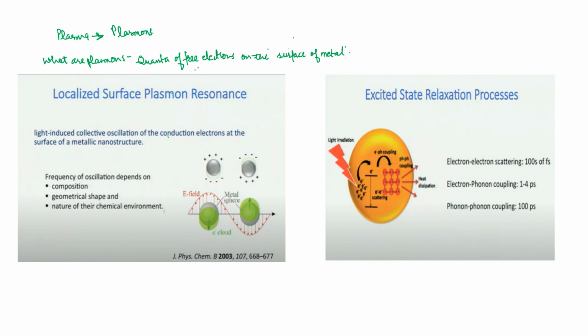And in order to get a simple explanation of the whole concept, they consider that these quanta, in the form of an electron cloud, oscillate around the particle. Since they are charged, they also generate an electric field with the oscillation.